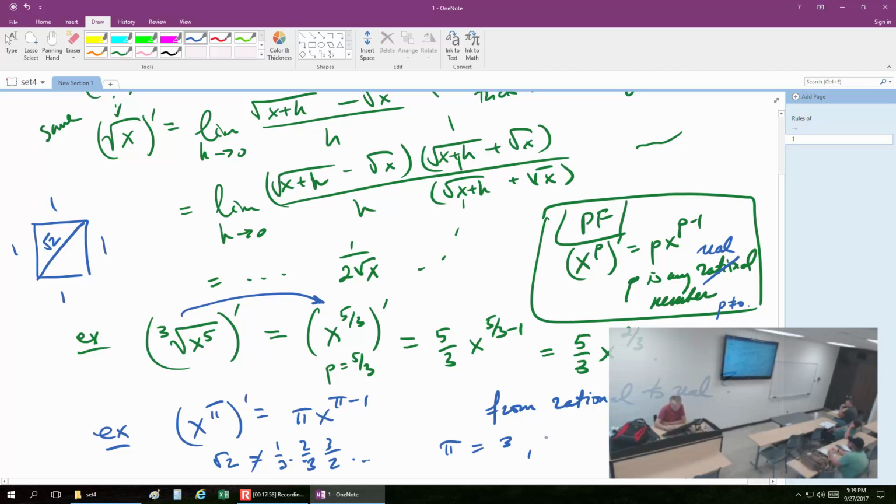Remember, 3, 3.1, 3.14, 3.141. Okay, so that's an approximation of numbers, and that sequence of rational numbers converges to pi. Same with the square root of 2. You can use any decimal representation in particular to find an approximation of an irrational number.